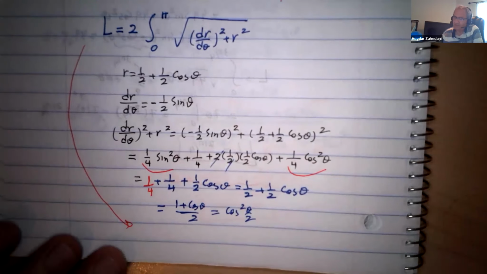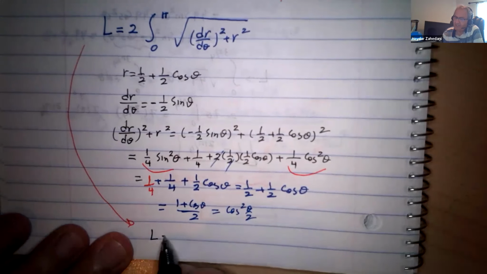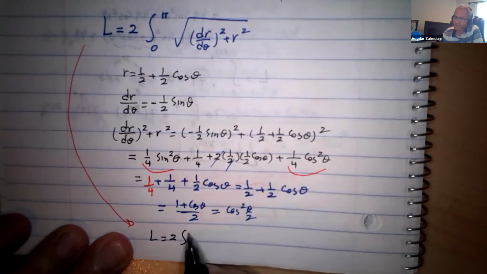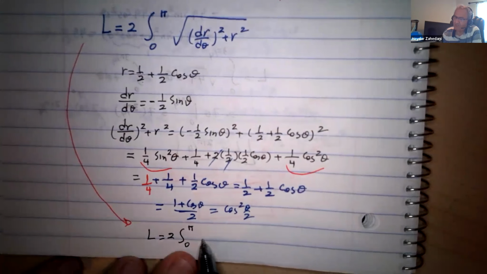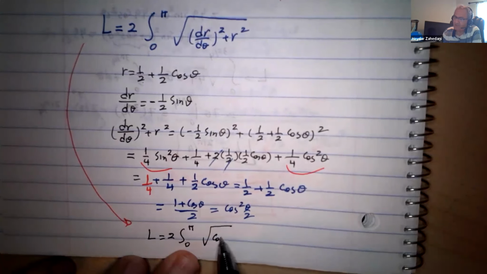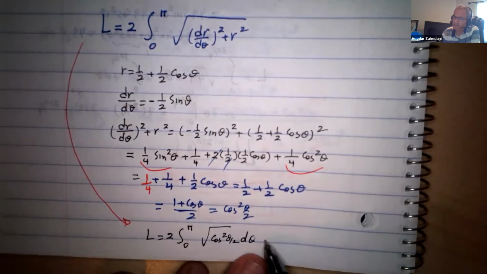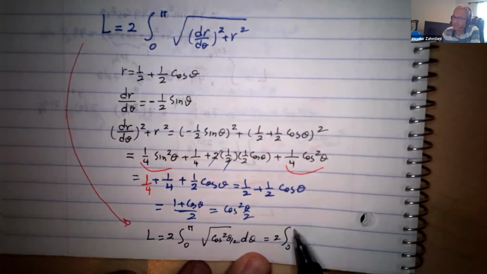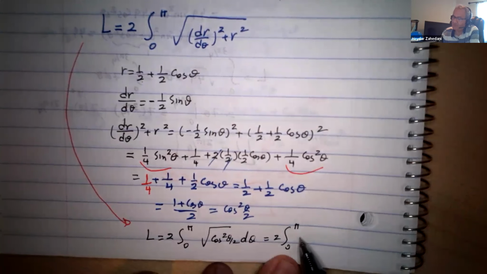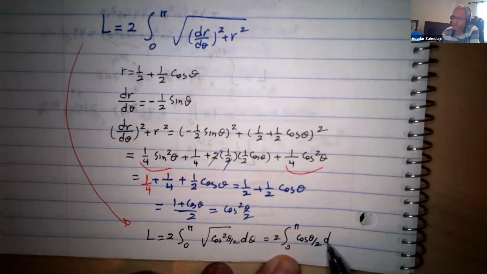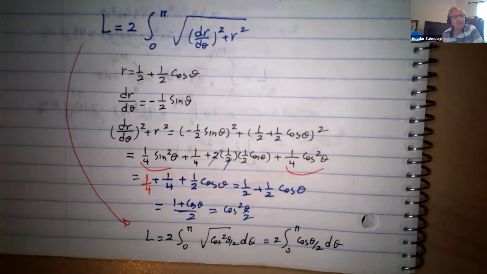So the arc length is twice the integral from 0 to π of the square root of cosine squared of θ/2 dθ, which is simply the integral from 0 to π. You take the square root, it's positive, nothing to worry about: cosine of θ/2 dθ. See, easy integral.